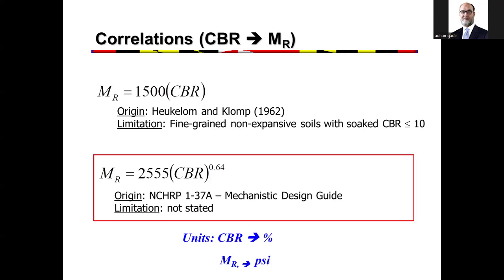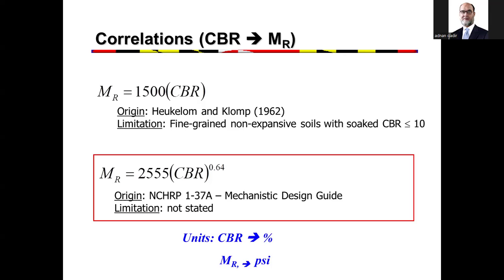So you take the 0.64 power of your CBR value multiplied by 2555, and it is not limited to any soil. It applies to all types of soil.